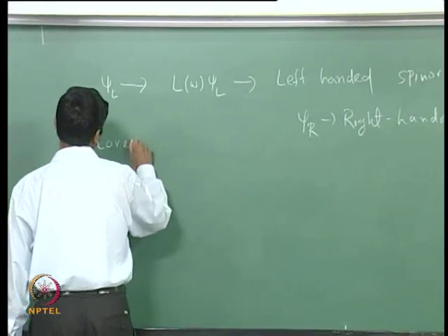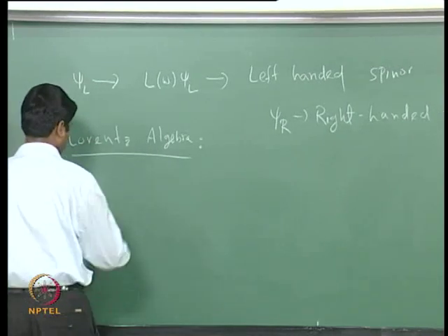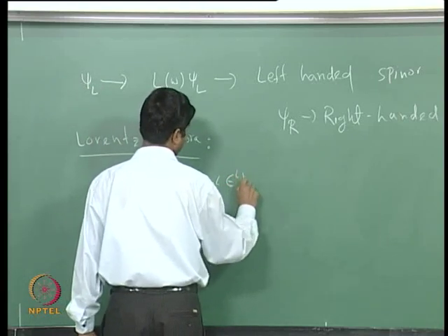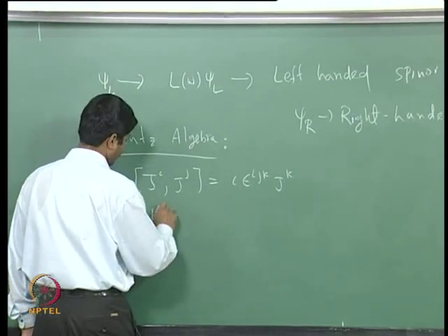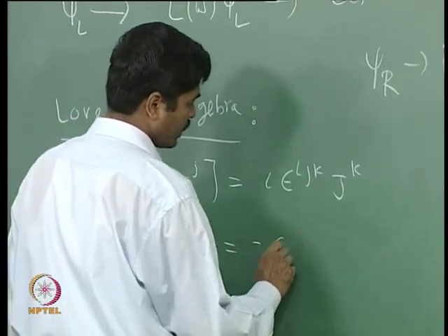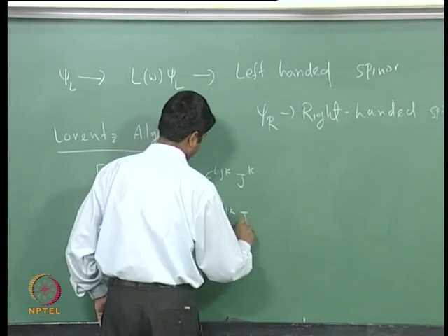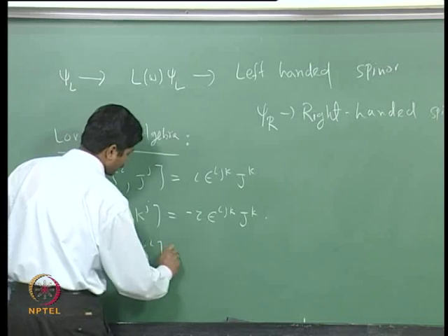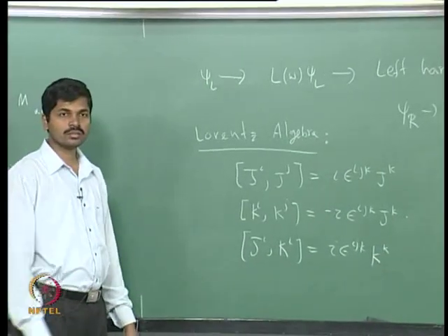So the Lorentz algebra is just [Ji, Jj] = i epsilon ijk Jk, [Ki, Kj] = minus i epsilon ijk Jk, and [Ji, Kj] = i epsilon ijk Kk.